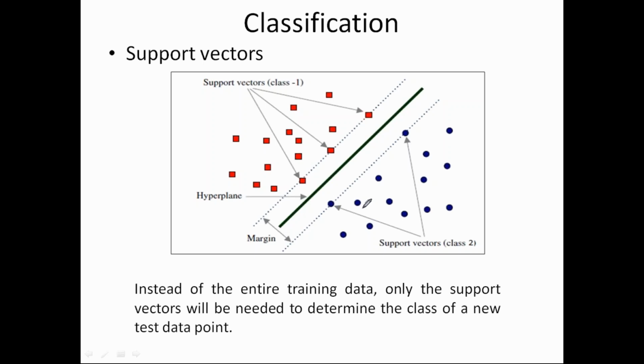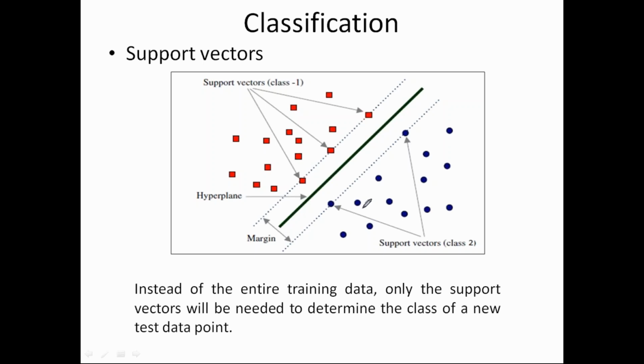But I will tell you this: if it is a non-linear boundary, SVM is actually a linear classifier, not in the true sense, but what it does, if it is a curve, it will take it to a higher dimension. And in higher dimension, I will show you an example, it will become a linear straight line. So you can say that it will always be a straight line.